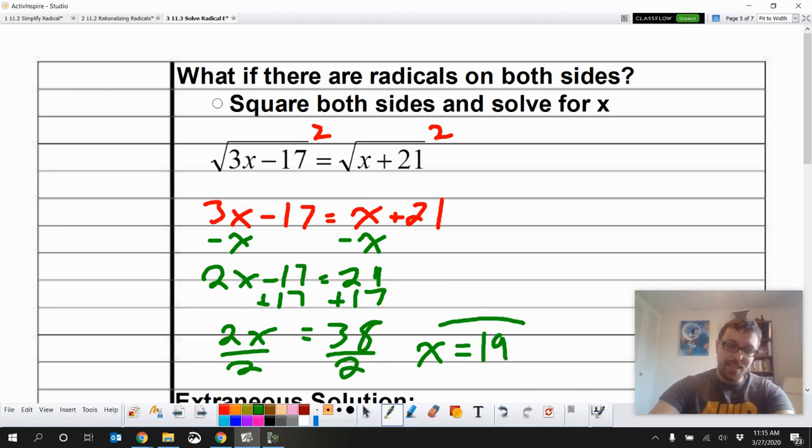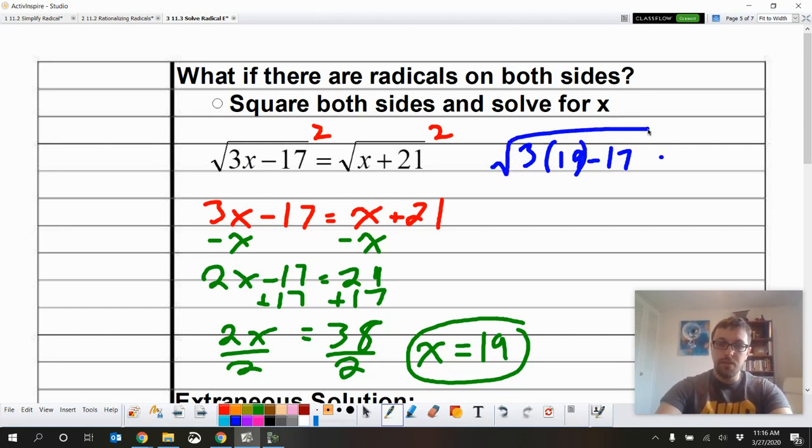And then 19. Okay, I want to do a check, make sure that that works out correctly. So we've got the square root of 3 times 19 minus 17. We want to see if that equals the square root of 19 plus 21.